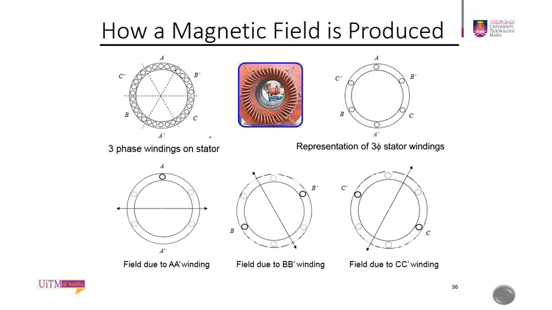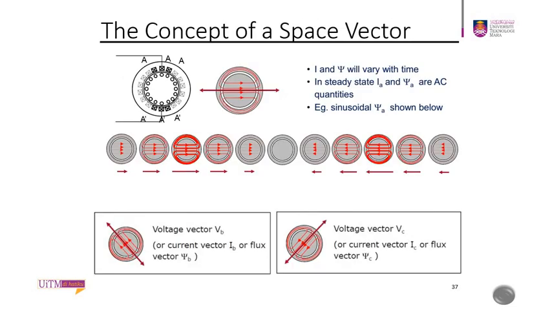So in this example, you have a three-phase example here. You have phase A, phase B, and phase C, which are 60 degrees apart, and this will affect the space magnetic field.